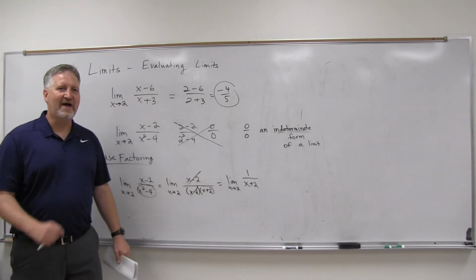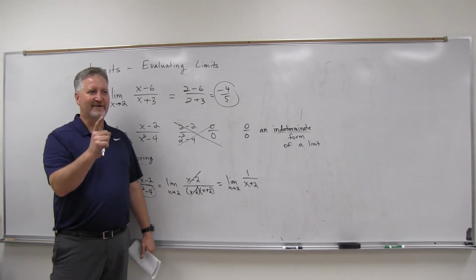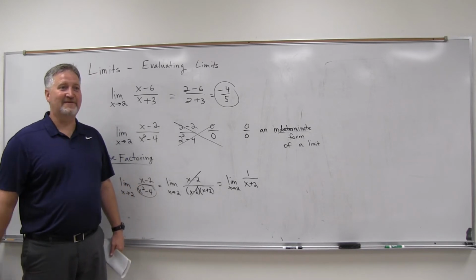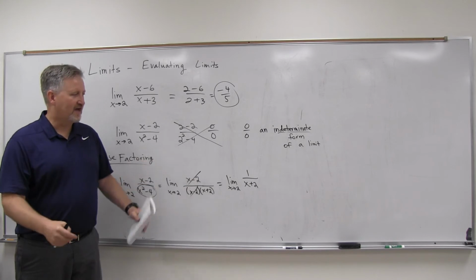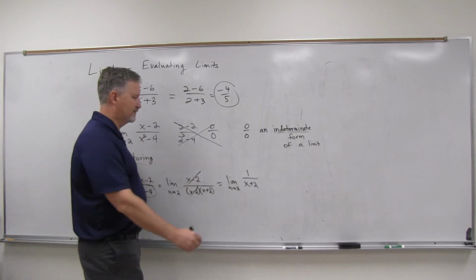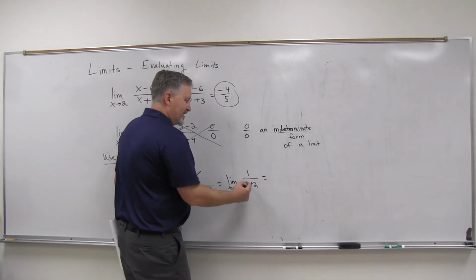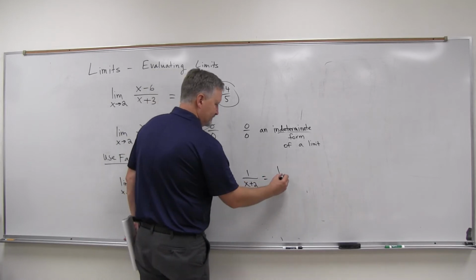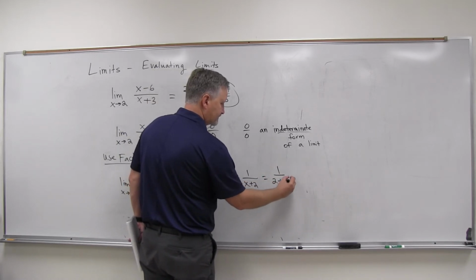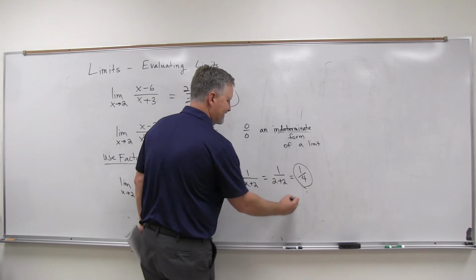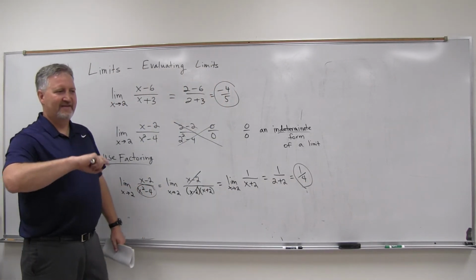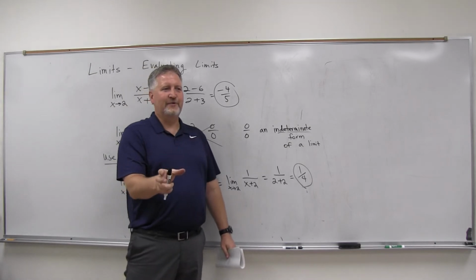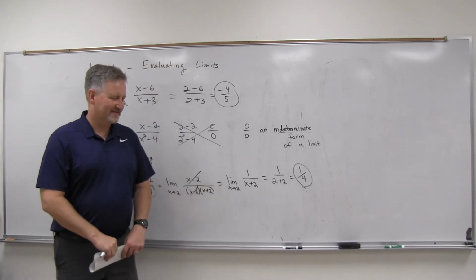But now we can substitute. It's no longer 0 over 0. So that's what this factoring does for us in this case. It gets it to where I can plug that in. Ta-da.